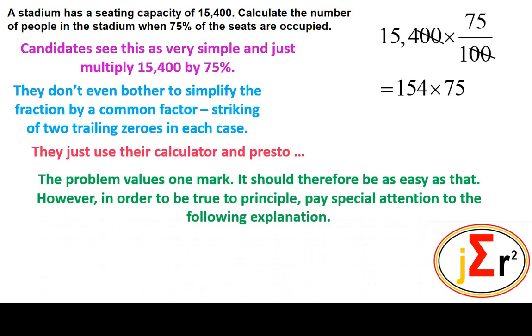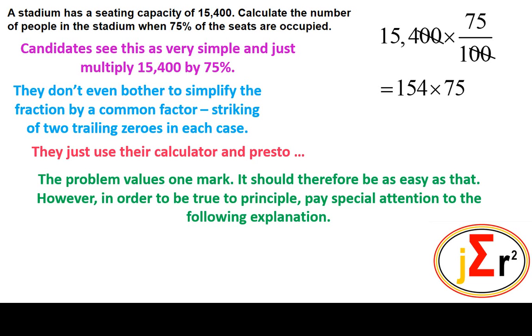The problem is worth 1 mark. It should therefore be as easy as that. However, in order to be true to principle, pay special attention to the following explanation, because we do things all the time in mathematics and don't know why.